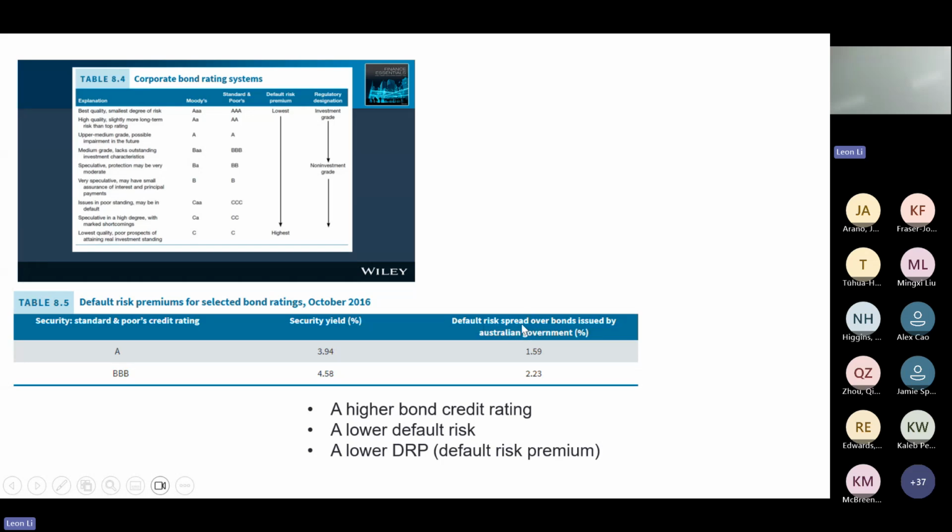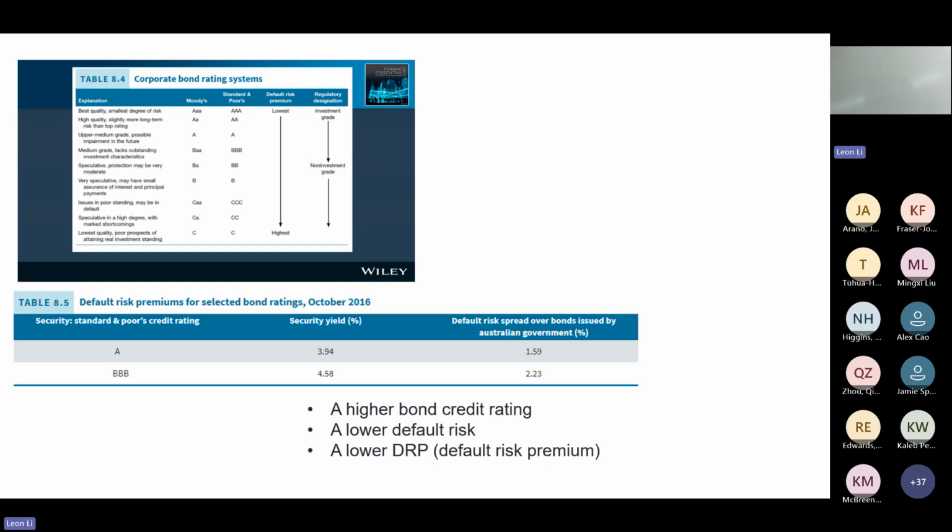Spread means the difference between the corporate bond and the government bond. Right? So you can see AAA, a higher bond credit rating, a lower default risk, then a lower default risk premium. Right? So real-life data support our conclusion.